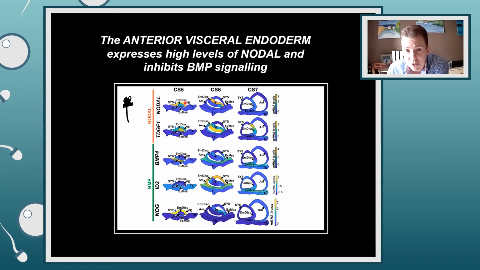So we have very high expression of nodal signaling coming onto the embryonic disc from the visceral endoderm. We see the co-receptor crypto, TDGF1, in the embryonic disc here. And we see lots of BMP signaling coming from the bottom.